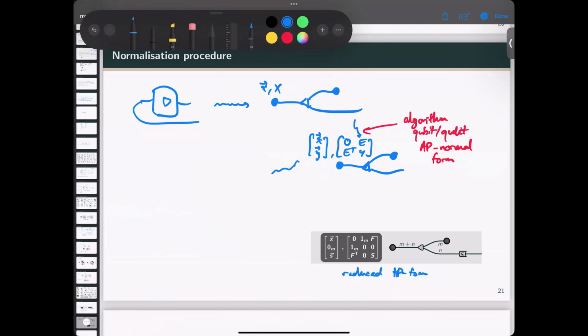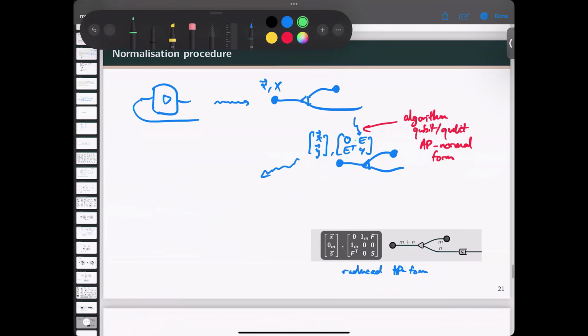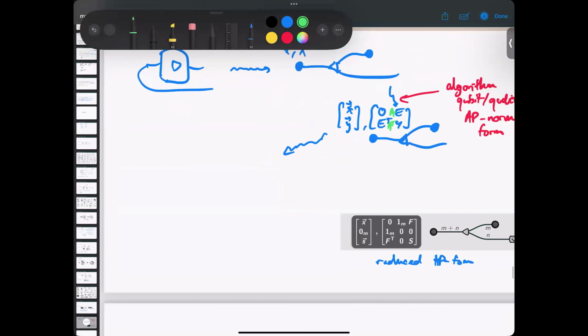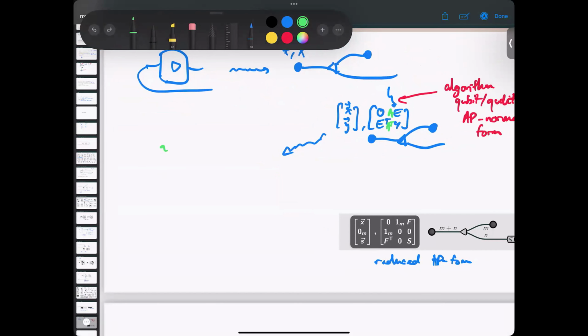The next part of the normalization is to realize that, in fact, we're able to act now on this matrix E on the left or right, I guess, depending on how you're looking at it, by an arbitrary, maybe objective matrix A. And this means that we can do a Gaussian elimination of this matrix E. So you can turn it into something like this. 0, 1, E prime maybe, 1, E prime transpose, big matrix Y. I've still got this thing here.